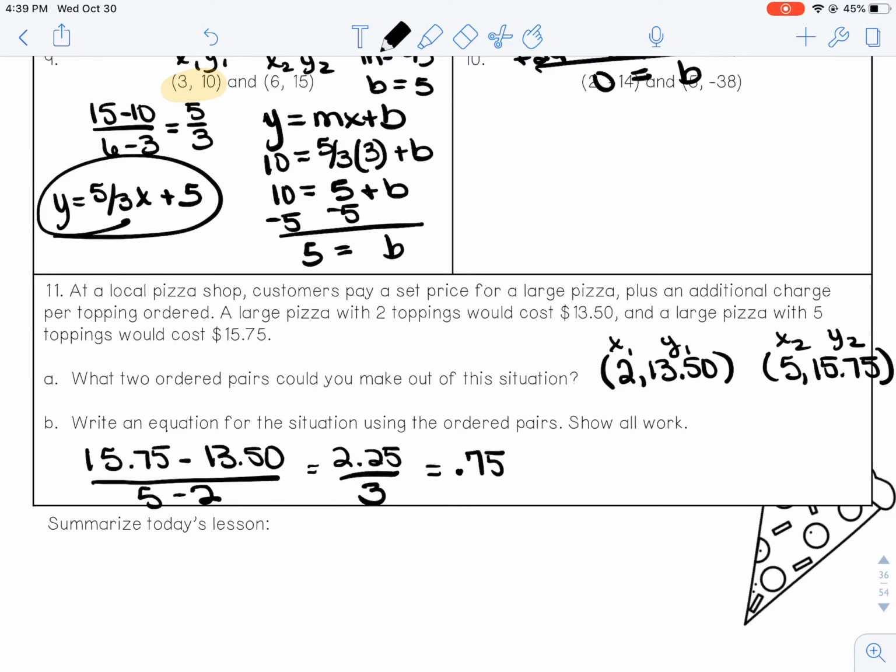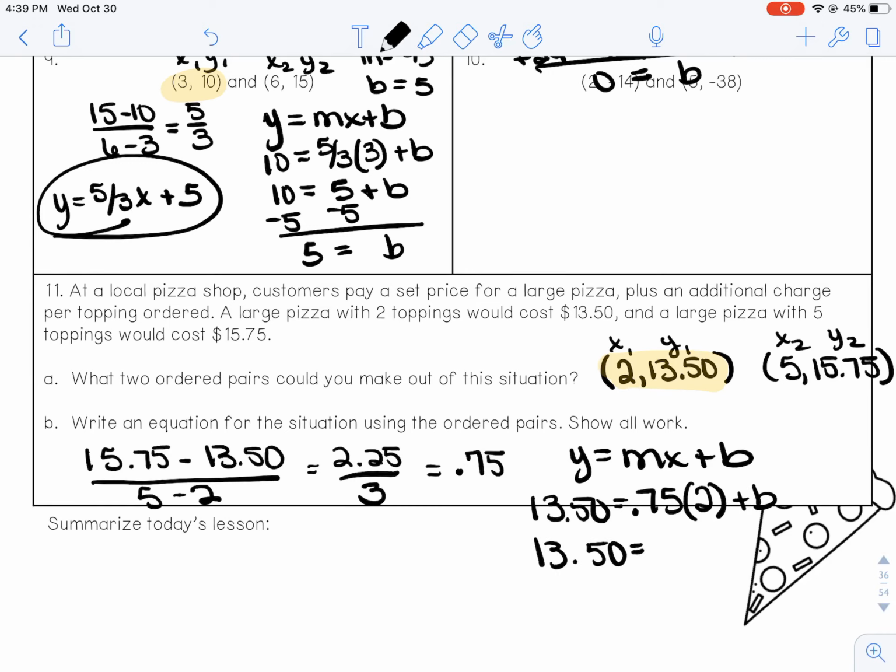All right, I'm going to pick either pair, and again, I'm just going to pick the first one because they're both positive. Okay, so y equals mx plus b. I'm going to replace y with $13.50 equals 75 cents times 2 plus b. That gives me $1.50, or 1.5, plus b.